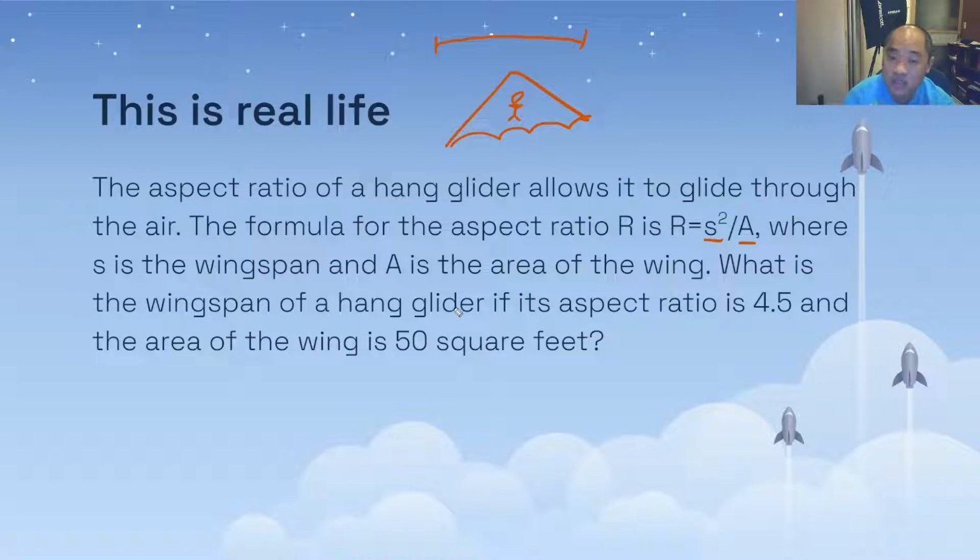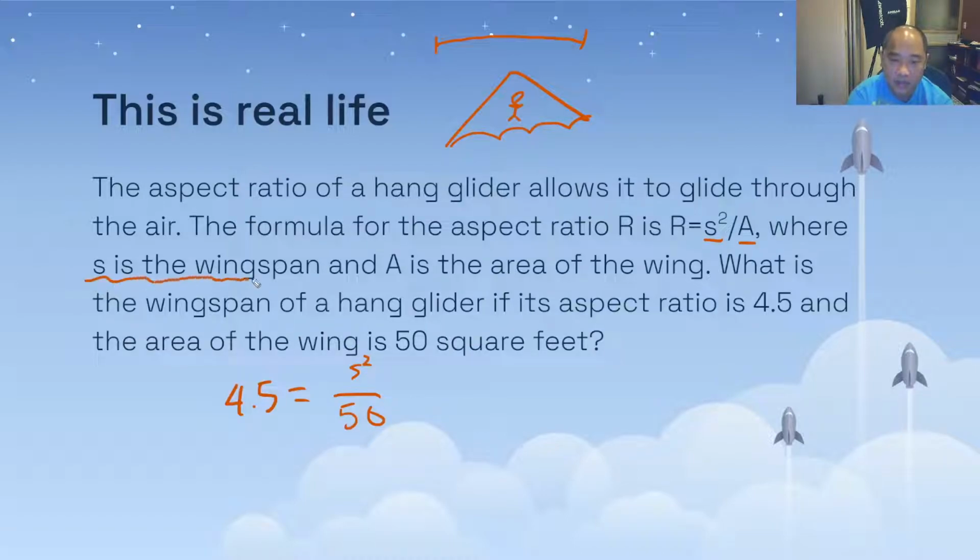So what is the wingspan of a hang glider if its aspect ratio is 4.5? The aspect ratio is R, 4.5. And the area is 50. And we're trying to find S. What is the wingspan?